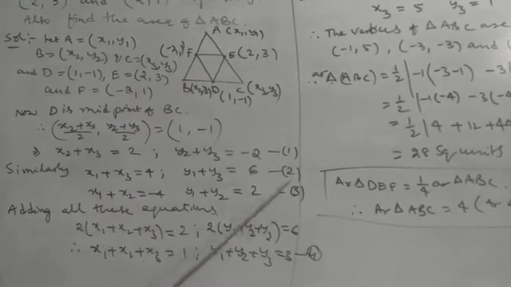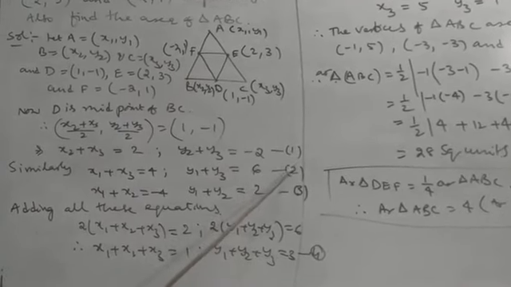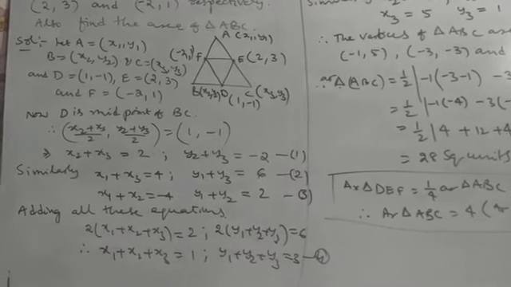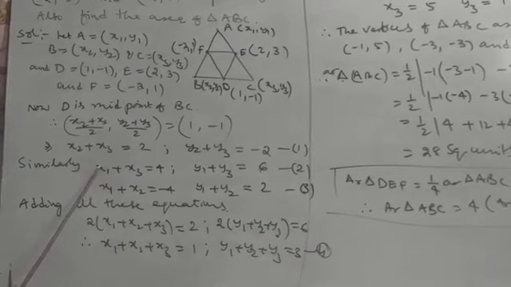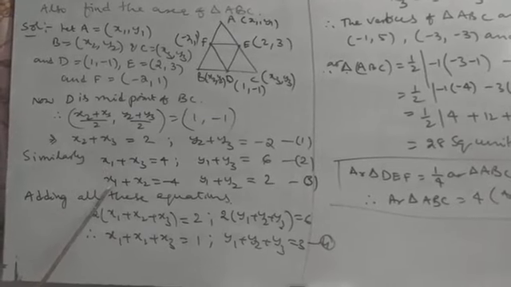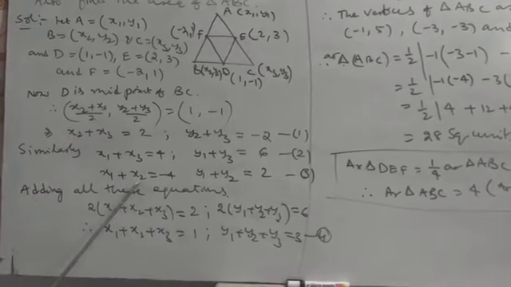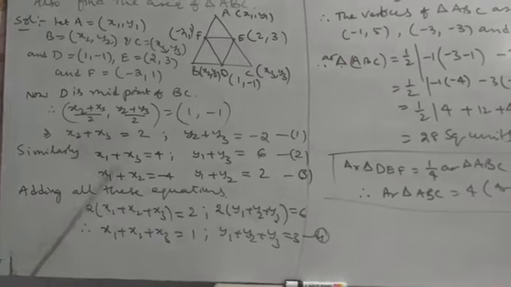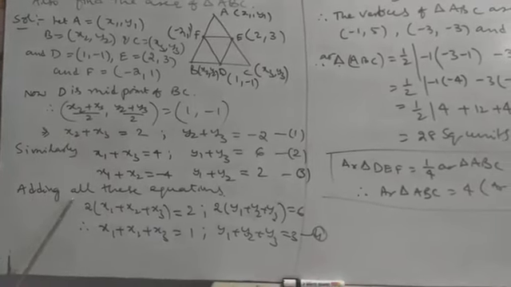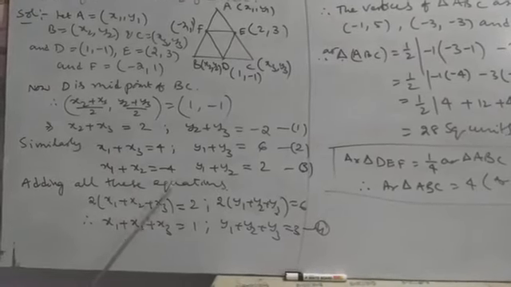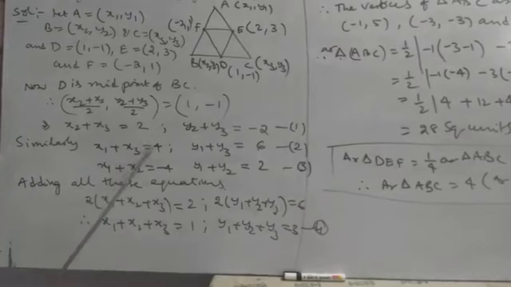Now consider these three equations as equation 1, equation 2, equation 3. If you add all these three equations, if you observe here, one x1 is there, here one x1 is there, here one x3 is there, here one x3 is there, here one x2 is there, here one x2 is there. That means each one is repeating twice. So if you add all of them, 2 times (x1 + x2 + x3) equal to 2 + 4 + (-4).